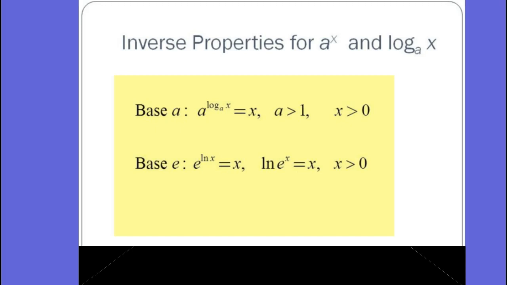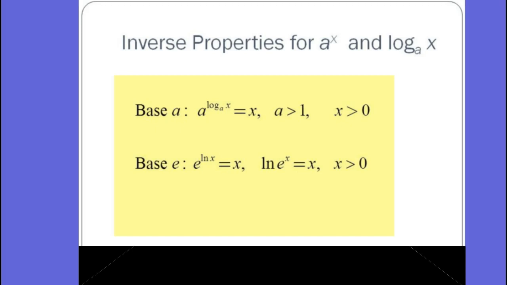So, inverse properties. These are really just things you kind of have to memorize. a to the log base a of x is x. The a and the log base a cancel each other out, guys. Hence the identity: a to the x and log base a of x are inverses.